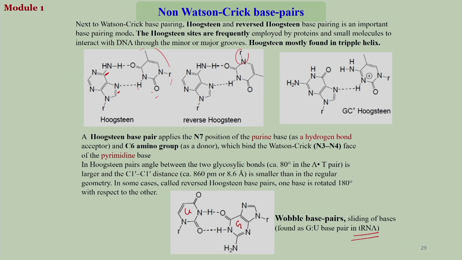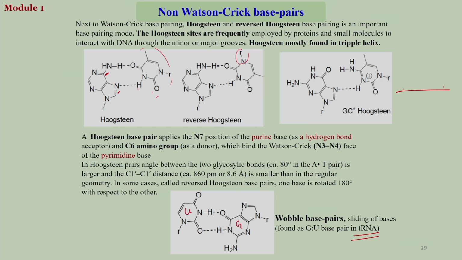Now, Hoogsteen base pairs mostly occur in DNA triple helix. Usually we know DNA is a double helix structure, but sometimes DNA can undergo triple helix formation with 3 strands, which we will see later when we do the modifications. If you have 5 prime to 3 prime DNA and then 3 prime to 5 prime, then they take one strand as the key strand and form another base pair.